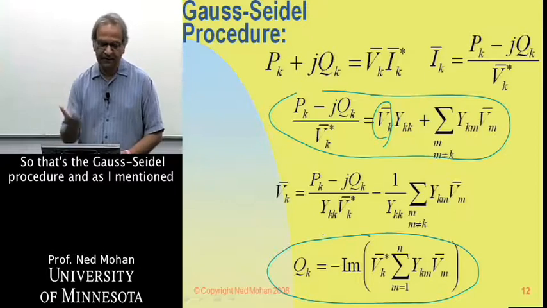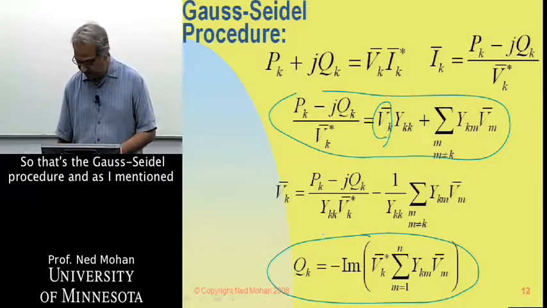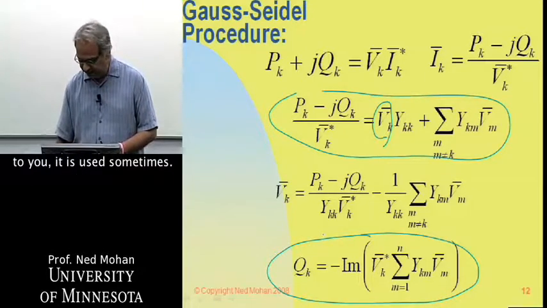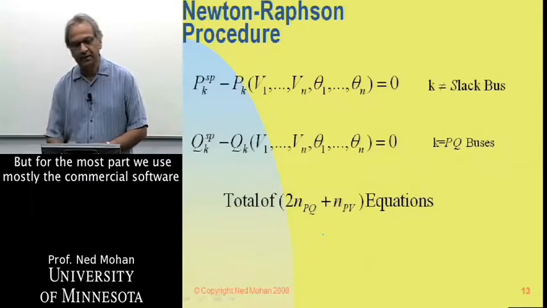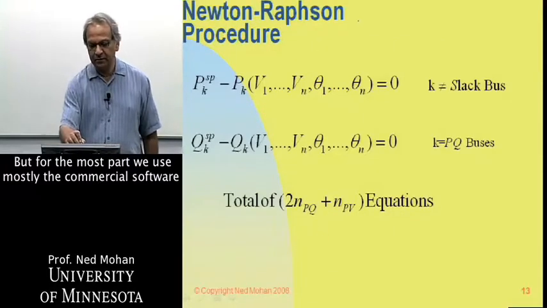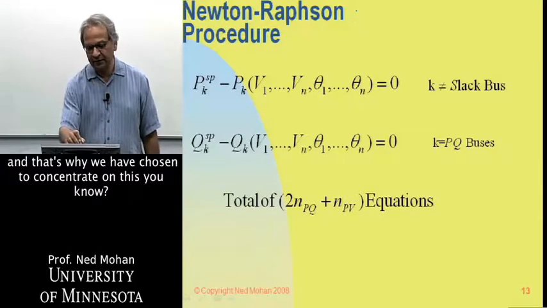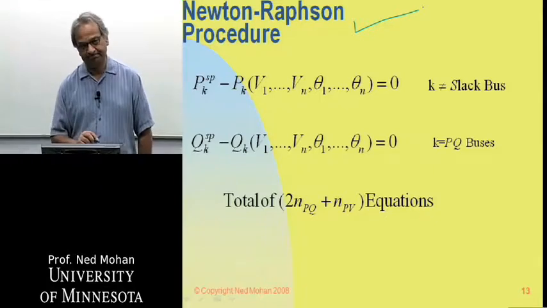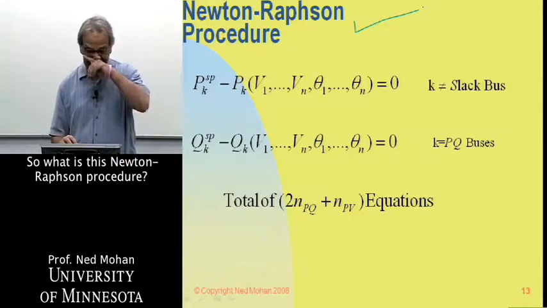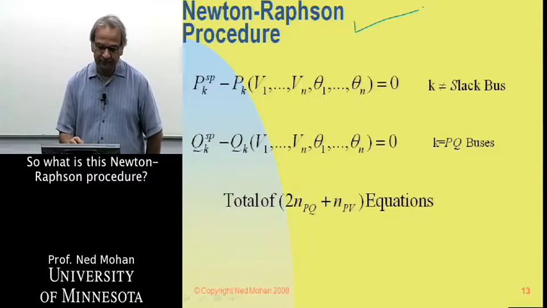So that's the Gauss-Seidel procedure, and as I mentioned to you, it is used sometimes. But for the most part, we use most of the commercial software, and that's why we have chosen to concentrate on this Newton-Raphson procedure. So what is this Newton-Raphson procedure?